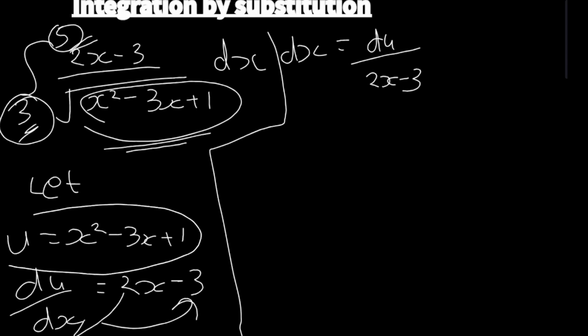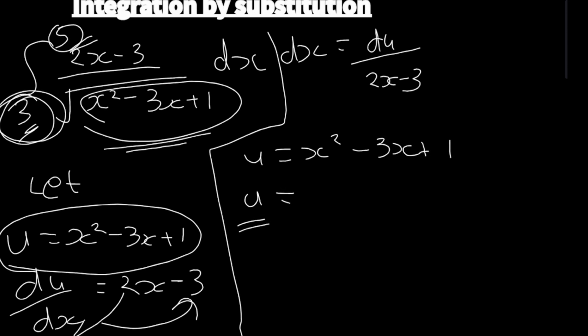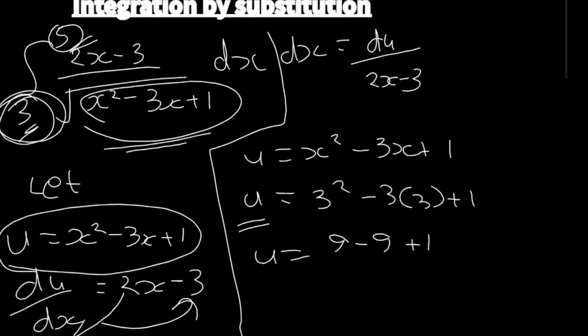From this expression, u is equal to x squared minus 3x plus 1. What will be our u when our x is 3? That will be 3 squared minus 3 times 3 plus 1, that is 9 minus 9 plus 1. Our u will be 1.